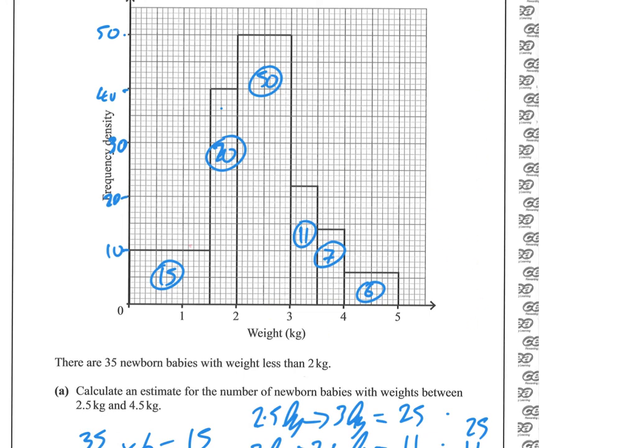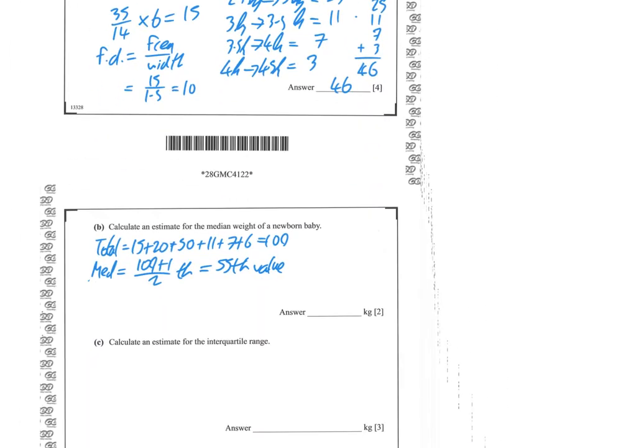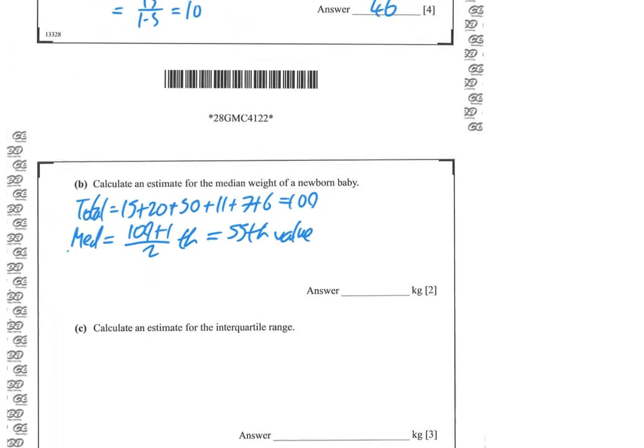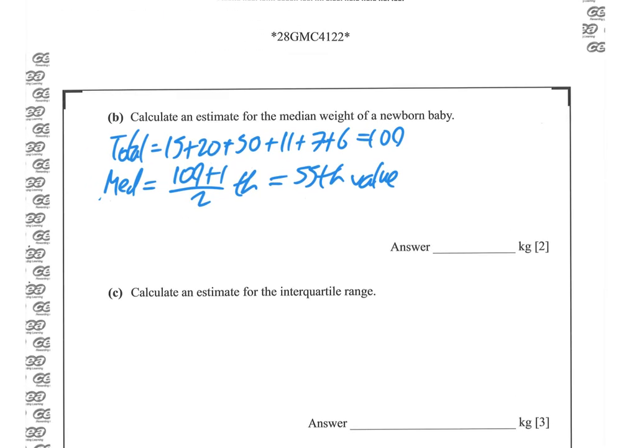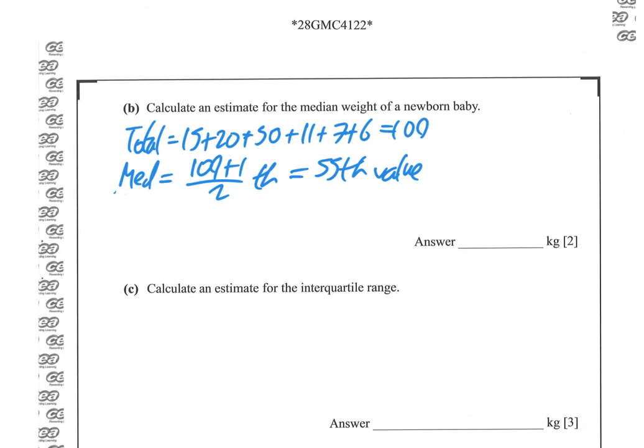Okay, there's a bar method for doing this, which a lot of people like, and I just don't like it. So if you look up, there's lots of good videos online of people using the bar method. If you like it, go ahead and use it, but I'm not going to do it that way. So I had said then my 35th value was 2 kilograms.